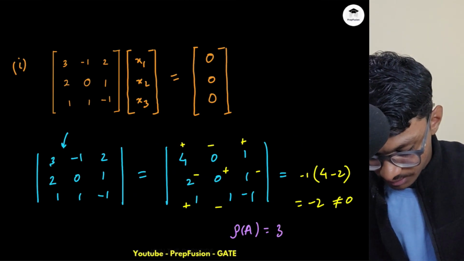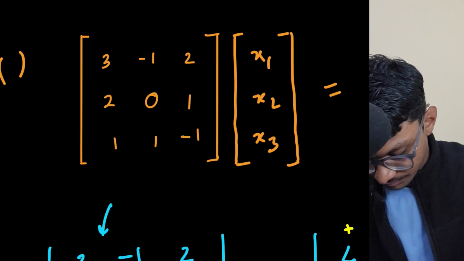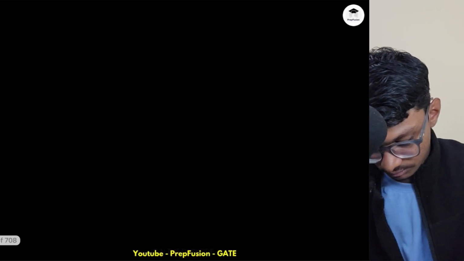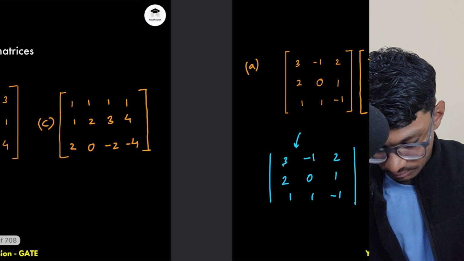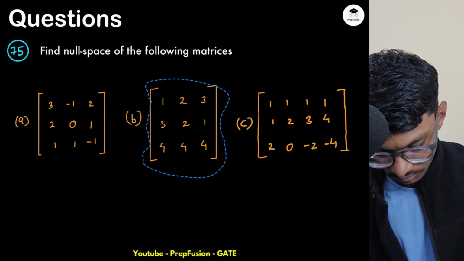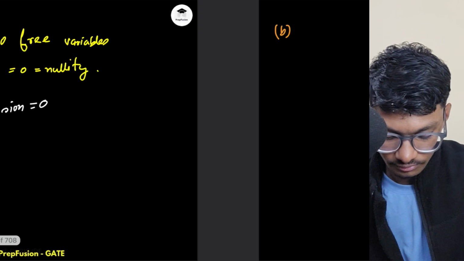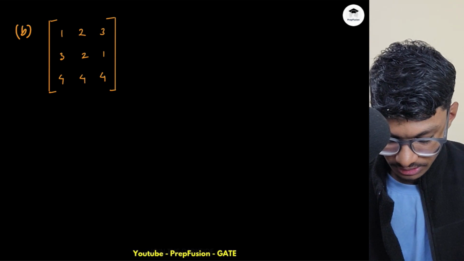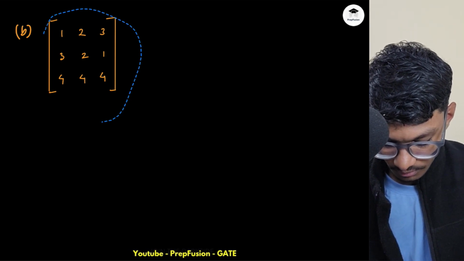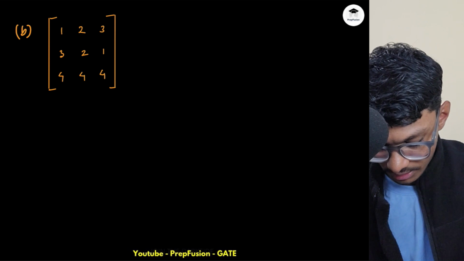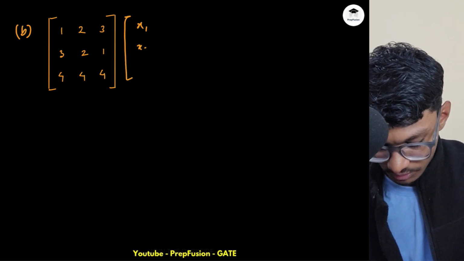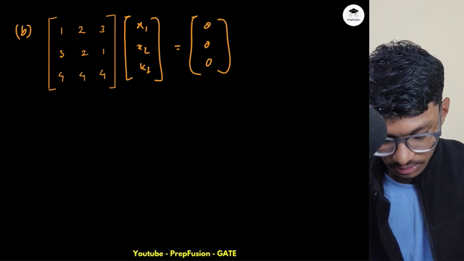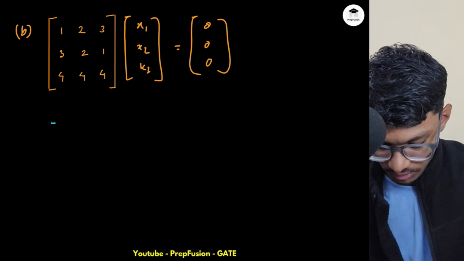This again we can convert into the row echelon format, right? So if I convert this into the row echelon format, what are they?